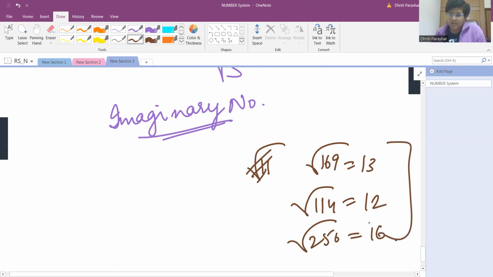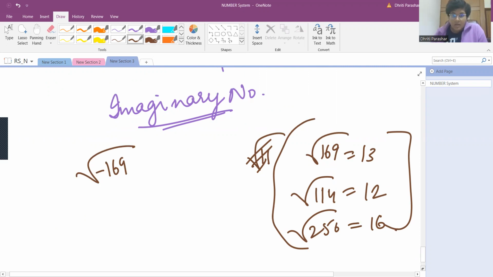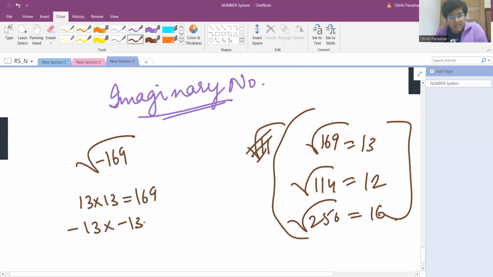We know this, right? But what if I say root minus 169? The point is 13 into 13 is 169. Minus 13 into minus 13 is again 169. So where did that root minus 169 come from?